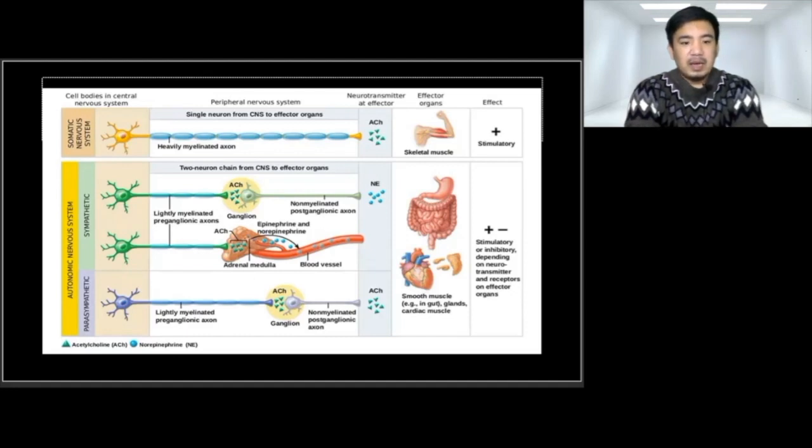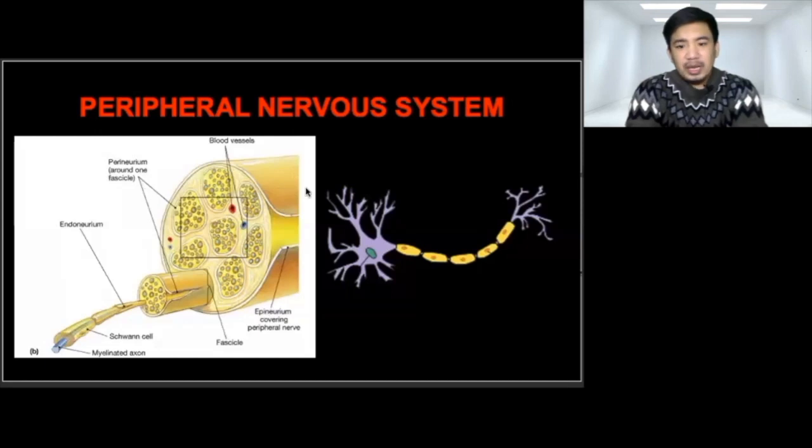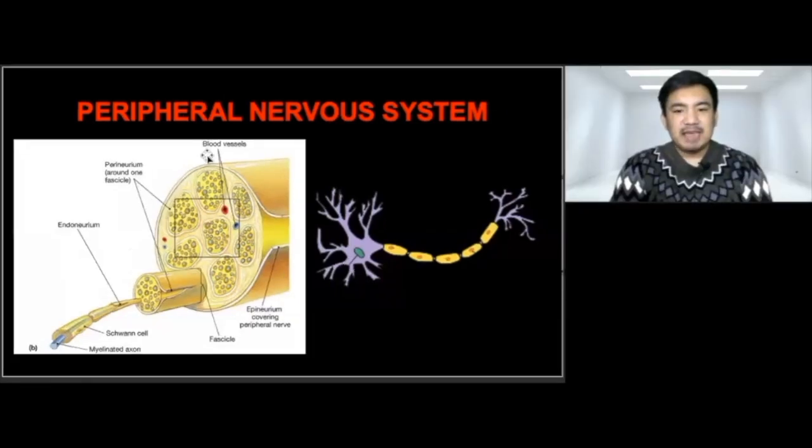All right? Okay. So this is an example of a peripheral nerve or a nerve fiber in the peripheral nervous system. In each nerve fiber, we all know that there is the presence of a core, and that core is called the axis cylinder.